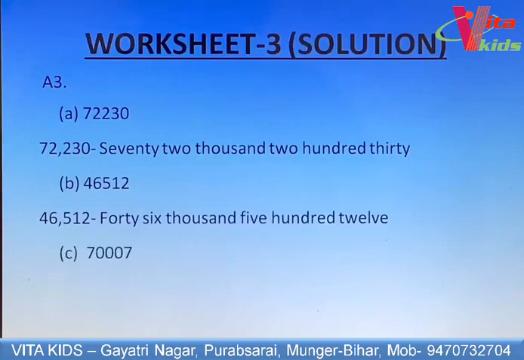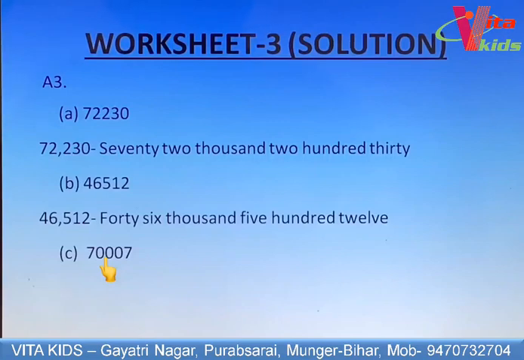Next one, 70007. Again we will put a comma after the units period. That is 007 is in the units period. So we will separate the units period and the thousands period. In the thousands period we have 7 and 0. So we will write it as 70,007. That is separating of numbers on the basis of periods.